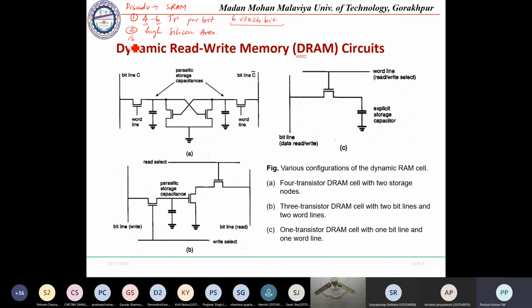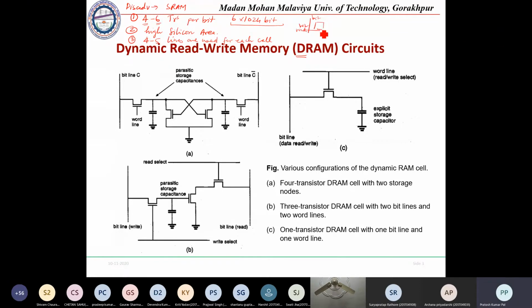Okay, so another disadvantage of this is that here 4 to 5 different lines, bit lines and word lines, are used for each cell. So the memory structure is like this: suppose this is the bit line and this is the word line.